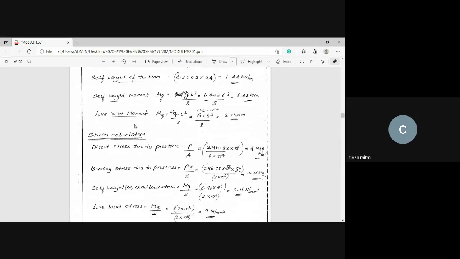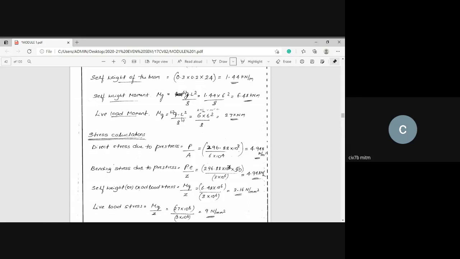Next, coming to the live load moment. The live load moment ML is equal to, once again, WLL or WL into L square divided by 8. Why am I using this formula?